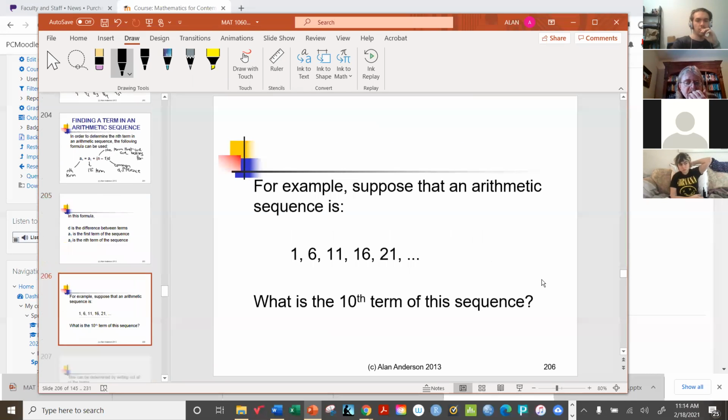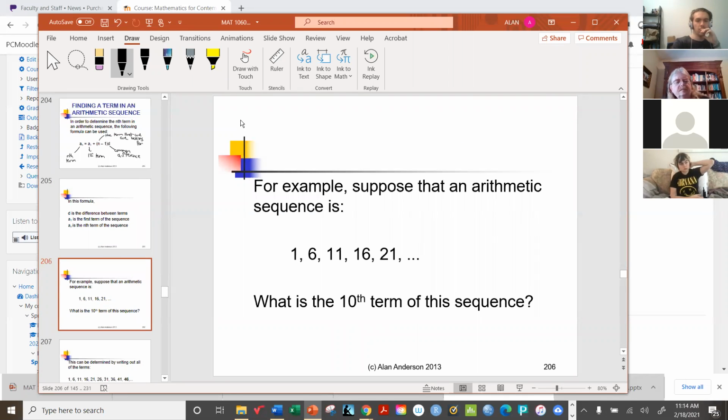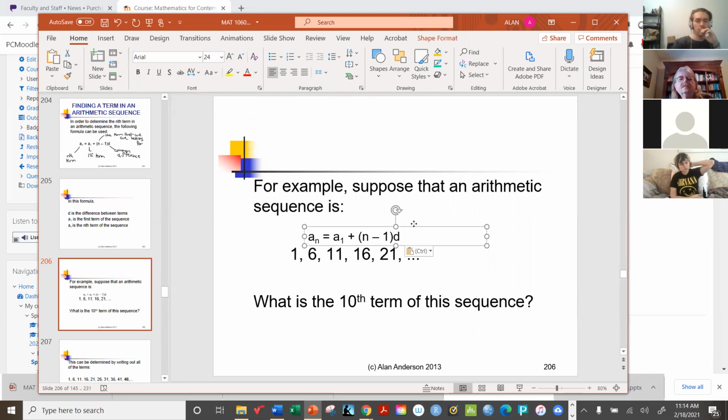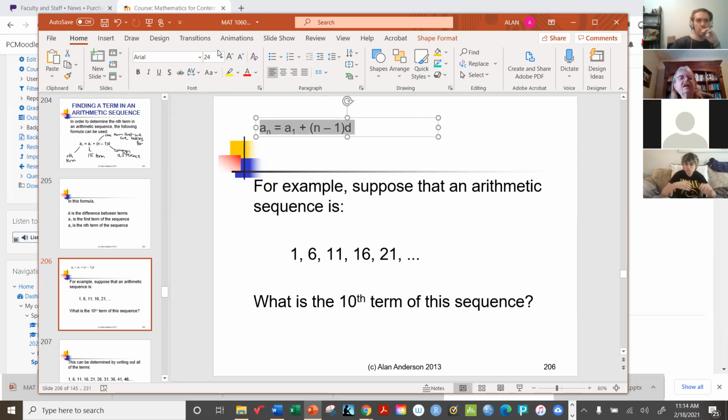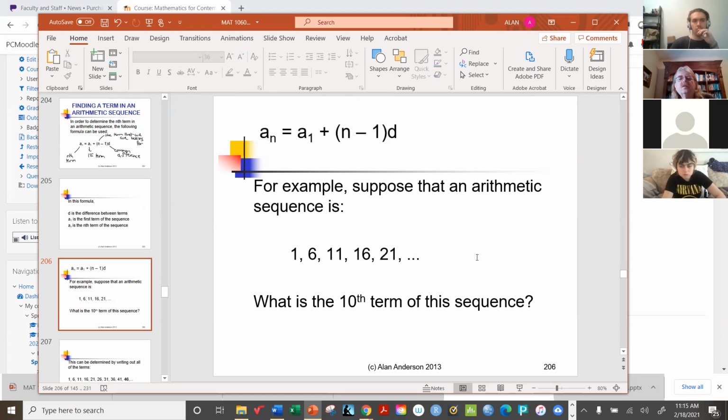So for example, let's look at this one. I'm putting this up here to remind you what this looks like. So we're given the sequence. Now you can tell that it's an arithmetic sequence because they have a common difference of 5. We're looking for the 10th term, so n is 10.